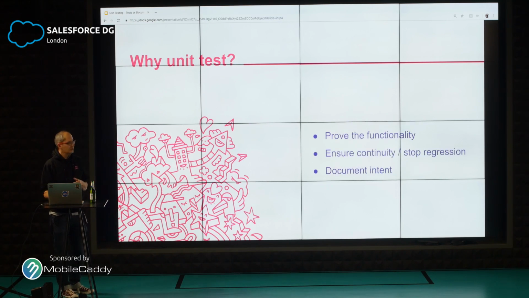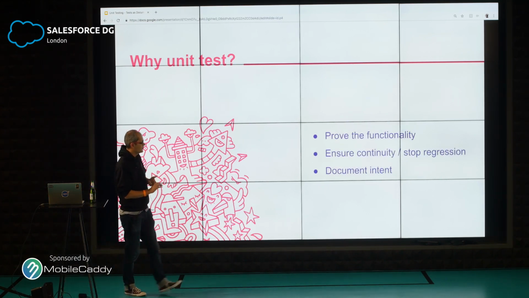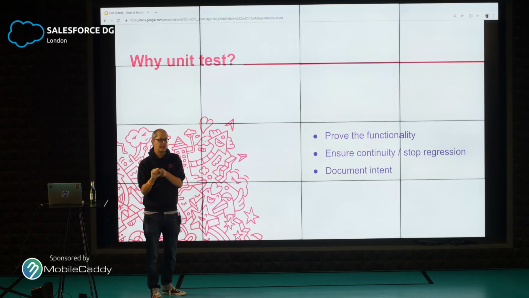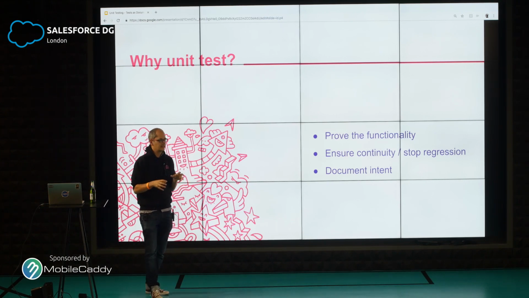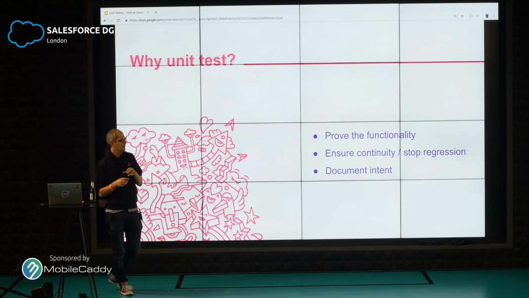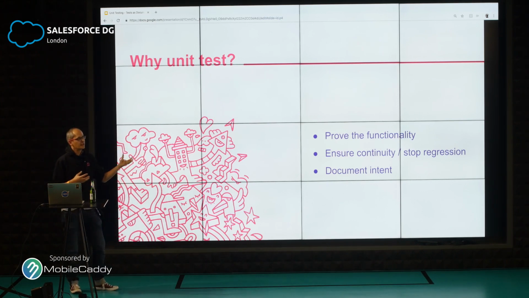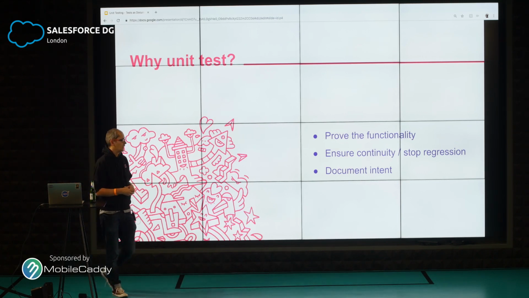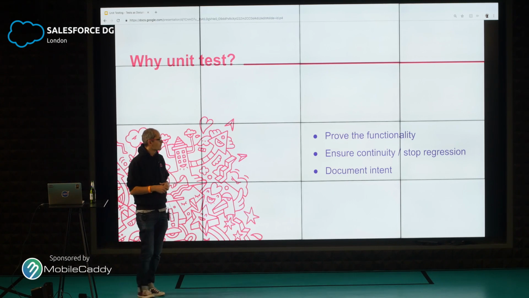And for me, the answer to that is really threefold. And the first two points are the things that people really tend to focus on. That we want to prove that the functionality that we put into our system works. That what we say the system is going to do is what the system will do.